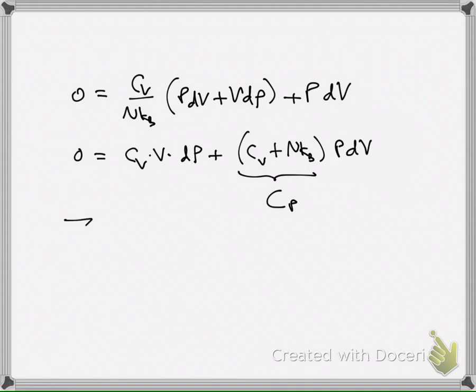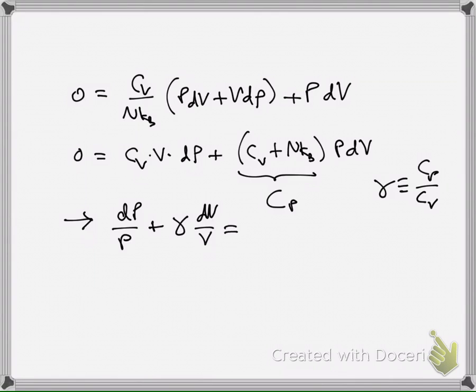So if that's right, then we're going to end up with dP over P plus gamma dV over V, where gamma is defined as CP over CV, our ratio of heat capacities. That all has to equal 0. This is our derivation that we did last time.